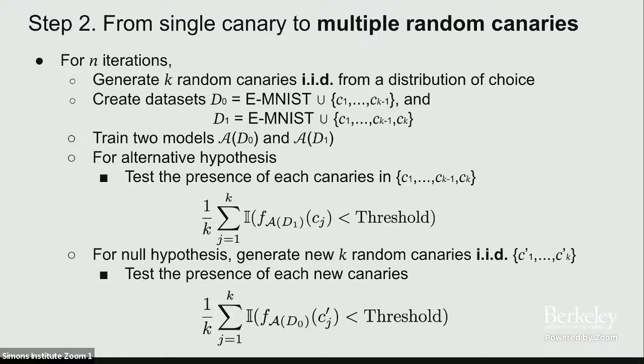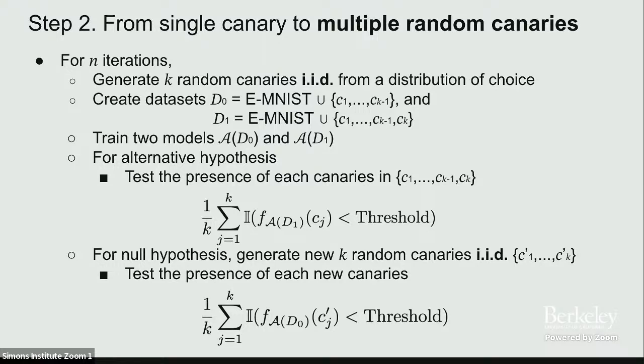And then D1 has all the canaries. But now you're going to train two models, one on D0 and one on D1. And then you're going to compute that test statistic on the model that was trained on D1, with all of those canaries.